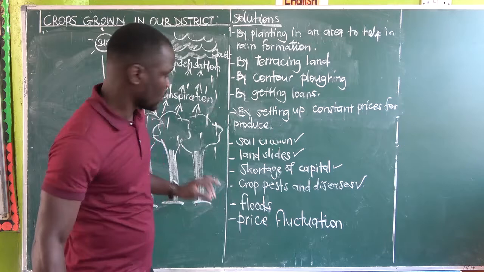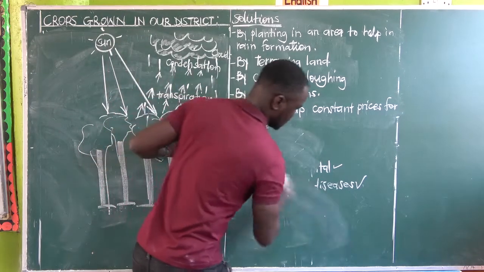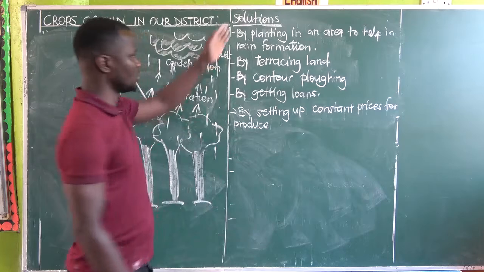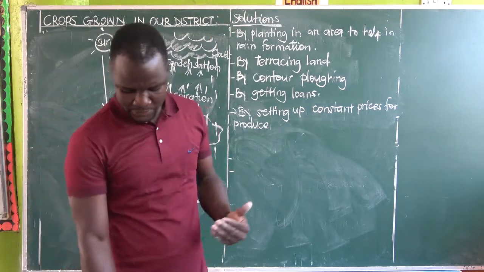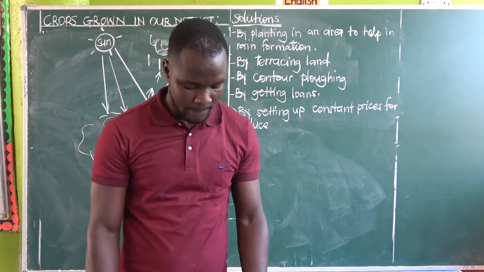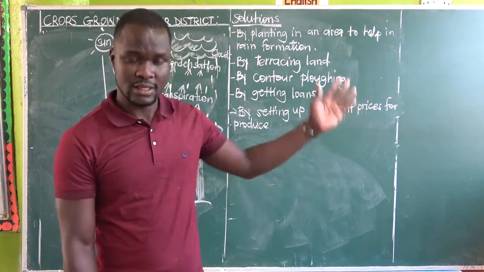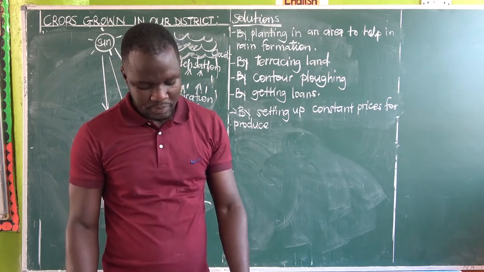So that is another solution. These are now the problems that we are having. Now we are having the solutions on our board that should be done in order to overcome the problem of price fluctuation and the rest of the problems that farmers can be having.